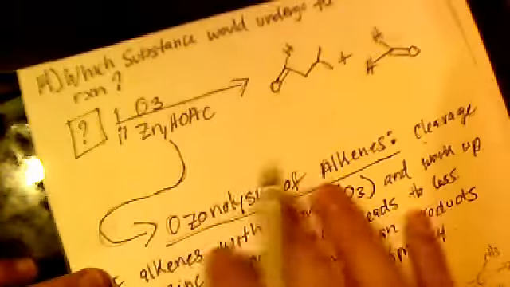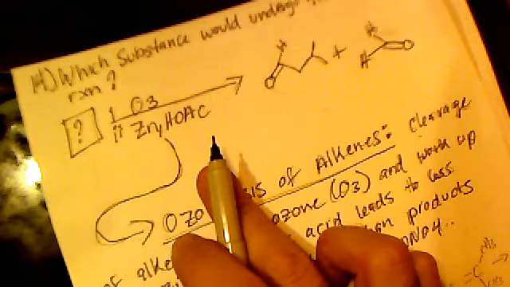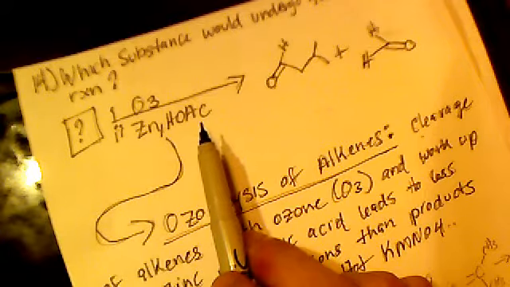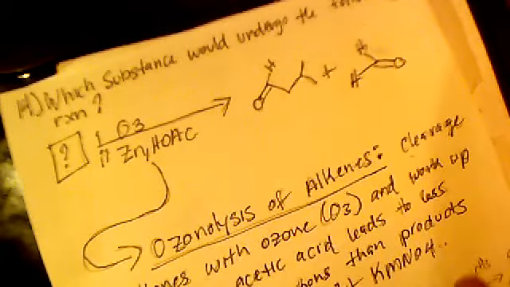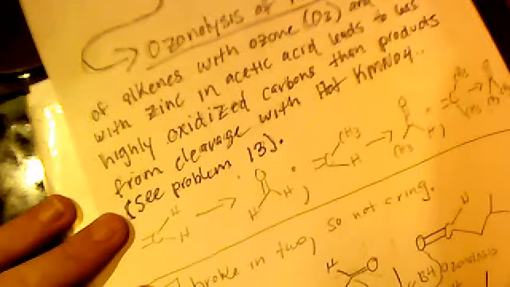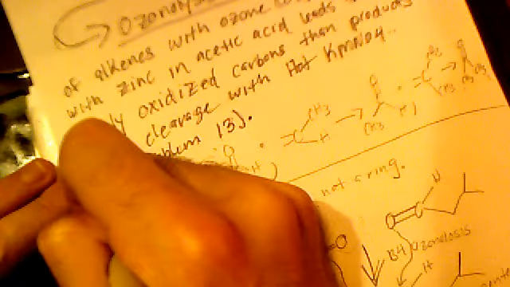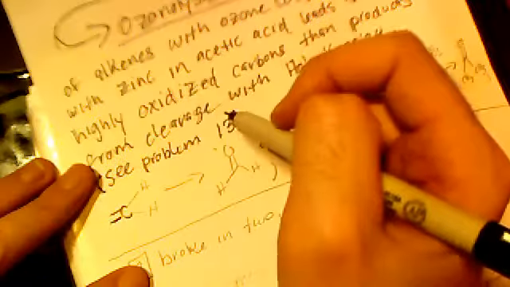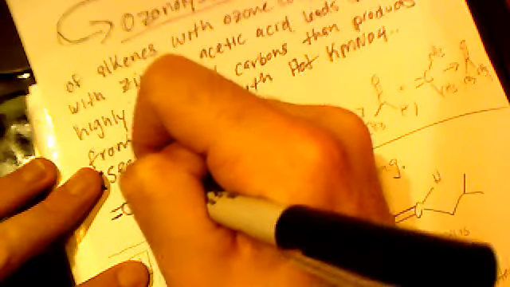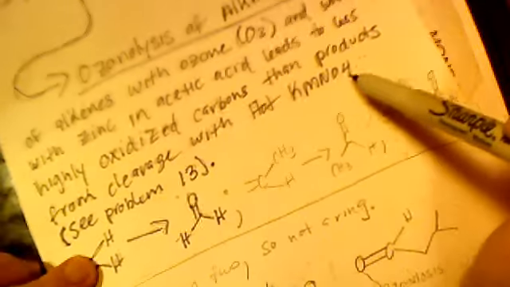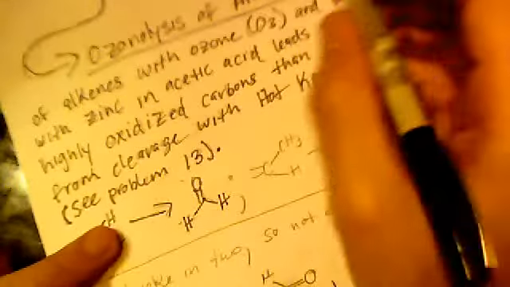So basically, whenever you have ozone and then a workup with zinc and acetic acid, and you get the breaking of these molecules, whenever you use these on alkenes, unsubstituted carbons that are attached only to hydrogens turn into aldehydes, whereas when we worked them up with potassium permanganate, they became carbon dioxides, right?